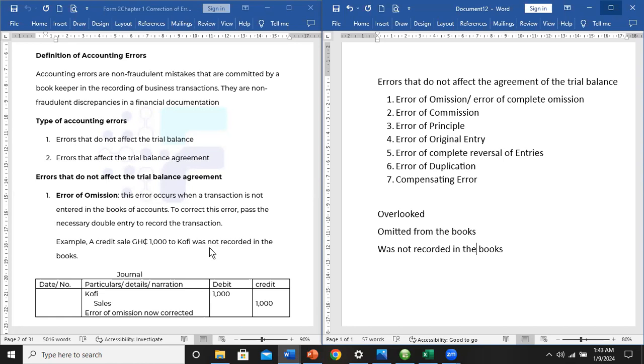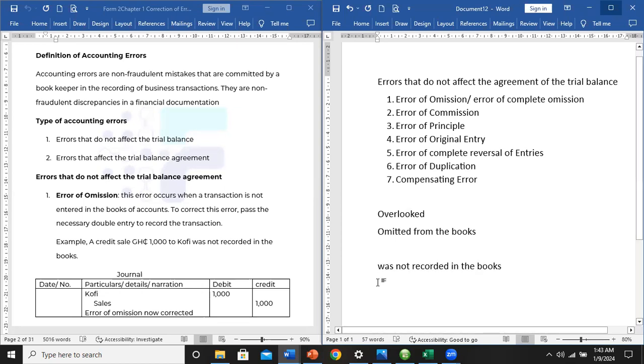Now, how do you correct this error? To correct this error, you just pass the entries. You do the debit and credit to correct it. And then mainly, we use the general journal to correct these errors.